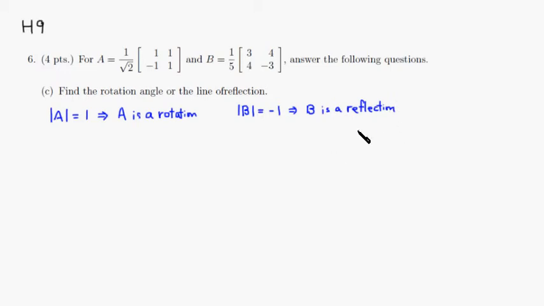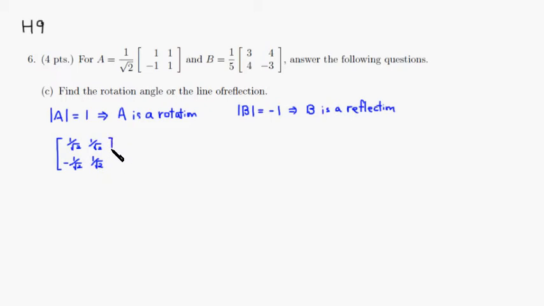All right, so since A is going to be a rotation, we should be able to compare this matrix A. So I'm going to go ahead and write the matrix A as 1 over square root of 2, 1 over square root of 2, negative 1 over square root of 2, and a positive 1 over square root of 2.